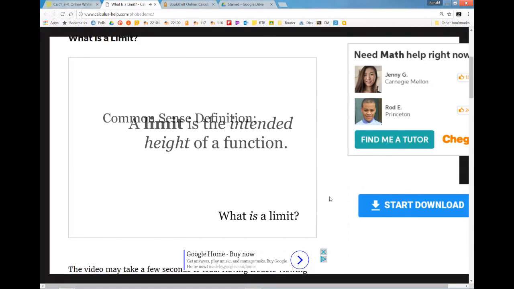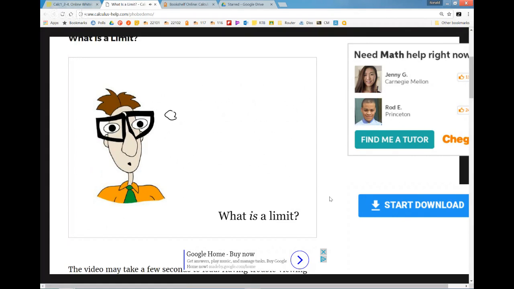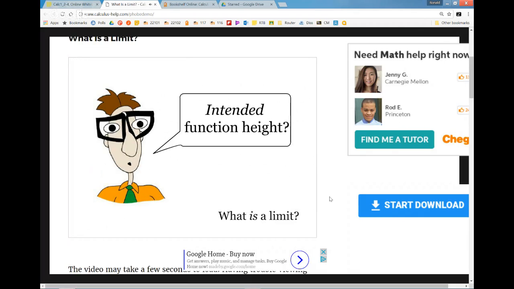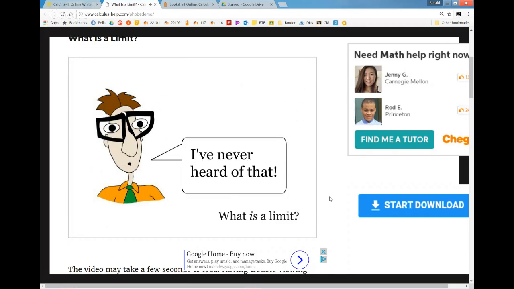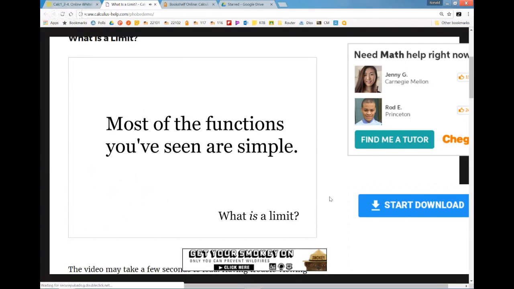Now this might give you pause. You might think, how am I supposed to know what height a function intends to reach? I don't even know what my intentions are most of the time. How am I supposed to discern the intentions of a function? That's a good question. The fact that you don't understand exactly what I'm talking about is because all of the functions you've been dealing with, or at least most of them, have had their intentions completely clear.